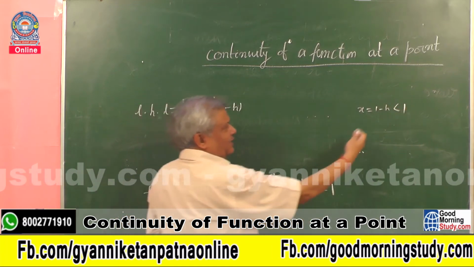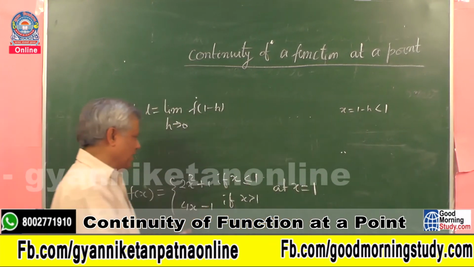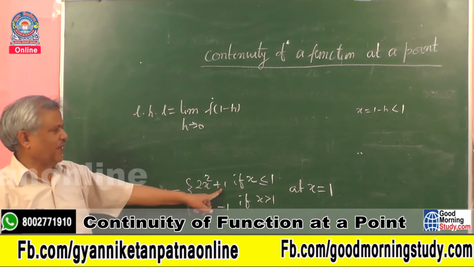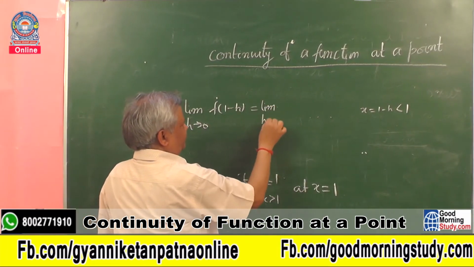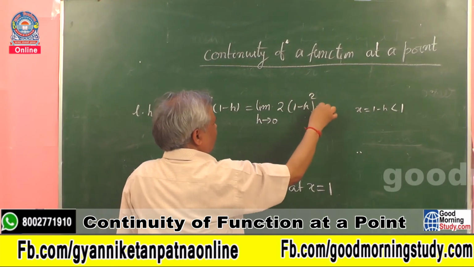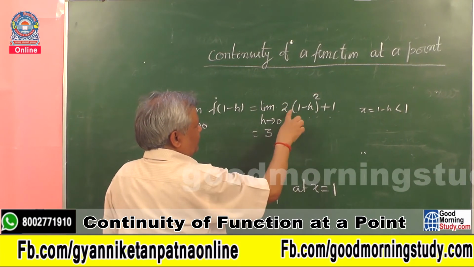We are subtracting a little bit from 1, so that will be smaller than 1. And for x smaller than 1, we are having the definition 2x square plus 1. So we write this is limit, it is (1 minus h) whole square plus 1. Put here h is equal to 0, so it will be equal to 3.